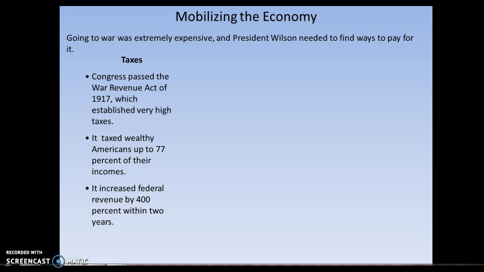That is a lot of money on taxes. Additionally, it increased federal revenue by 400% within 2 years. So this money was necessary for waging the war, but again, it came at a cost because it did affect a lot of people.